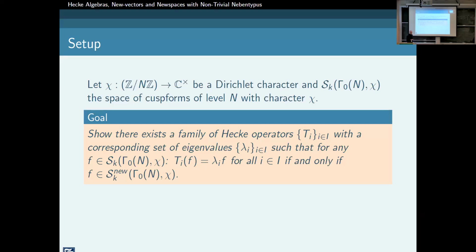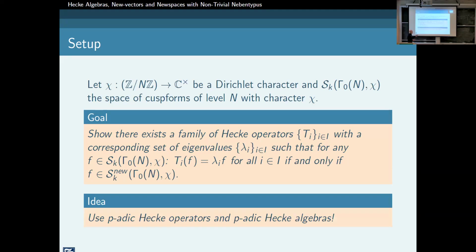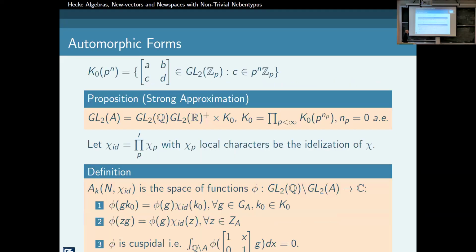And how do we do that? Well, the idea is to go locally, work locally, and use p-adic Hecke algebras and p-adic Hecke operators. So we start then by taking the analog of the modular subgroup. So this is the analog of gamma naught n, as you may see easily. And we go work over the Adeles.